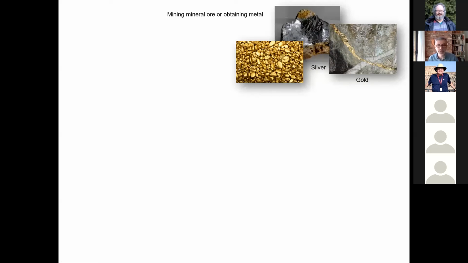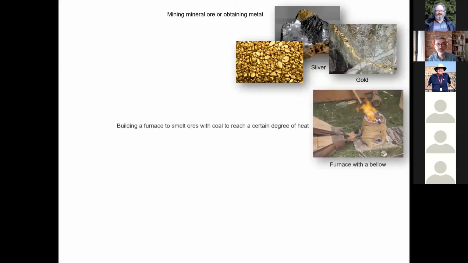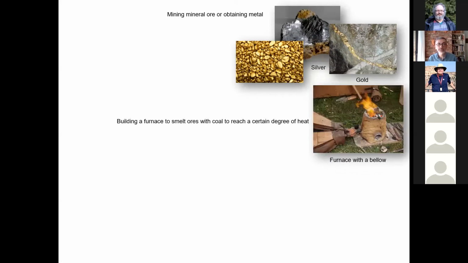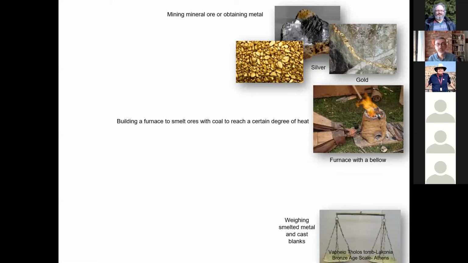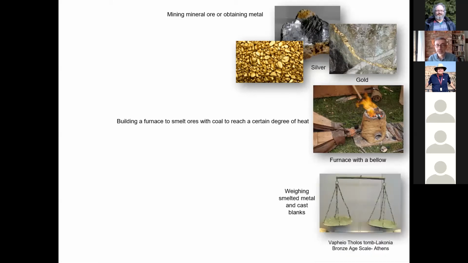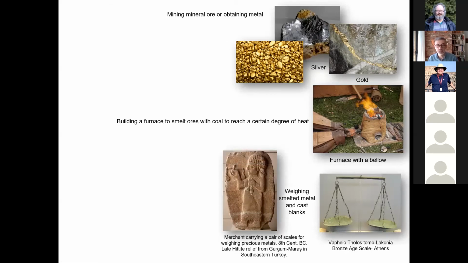A lot of things must have been involved in this process. So mining mineral ore or obtaining metal first, building a furnace to smelt ores with coal to reach a certain degree of heat. Weighing smelted metal and cast blanks, you have to do a good job in weighing, because weighing is the most crucial thing here, because you need to match the well-known standard weight, which was not so difficult apparently.